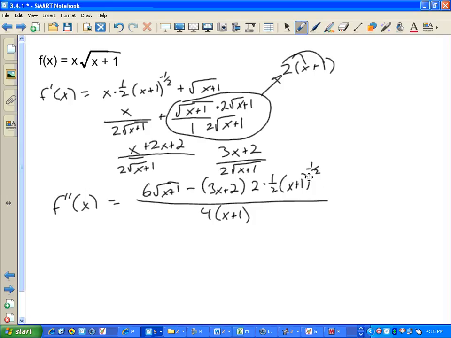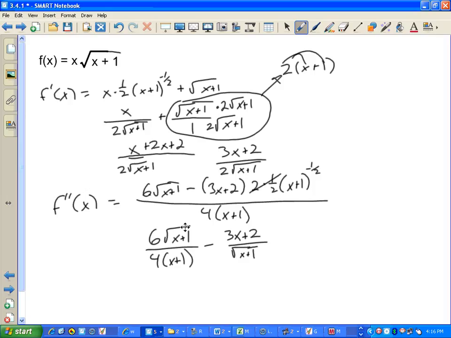So let's see how we can combine this. I have 6 square root of x plus 1. These will go away. Okay, I'm going to split this up actually and give them each their own denominator. And this is going to be 3x plus 2. This moves down to the bottom.